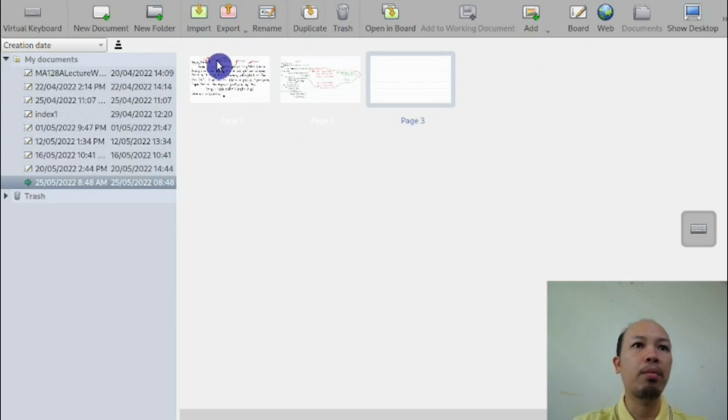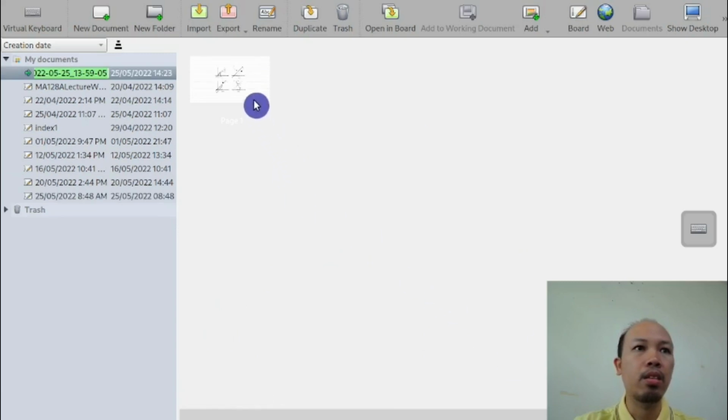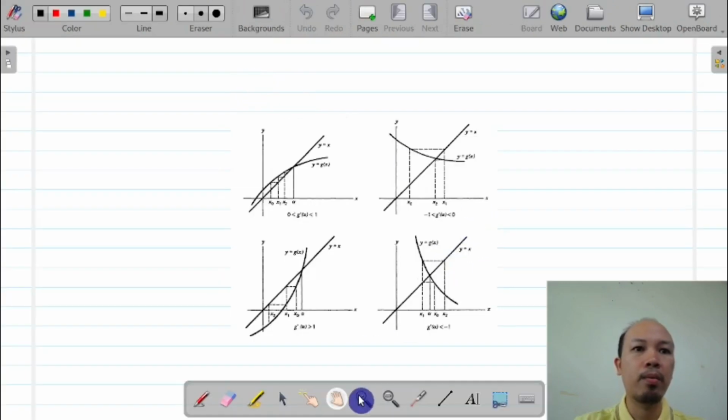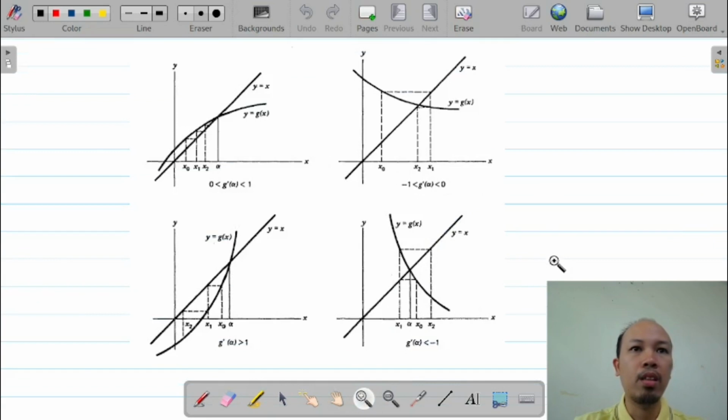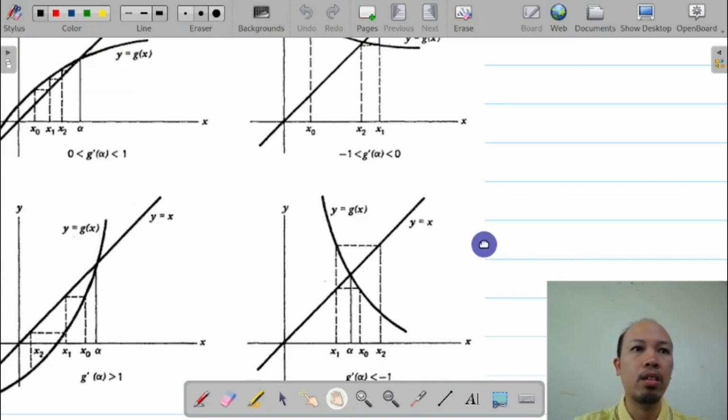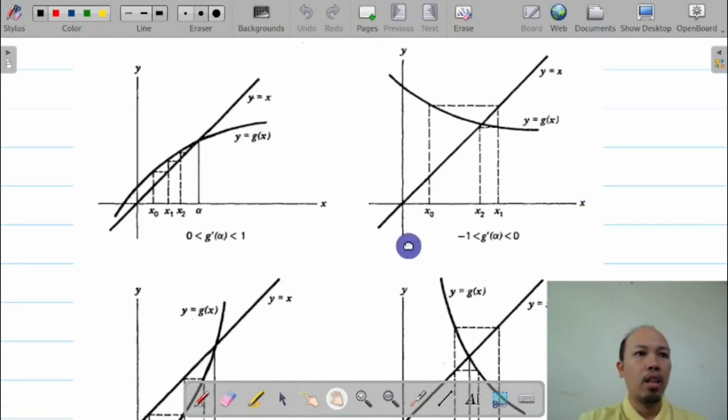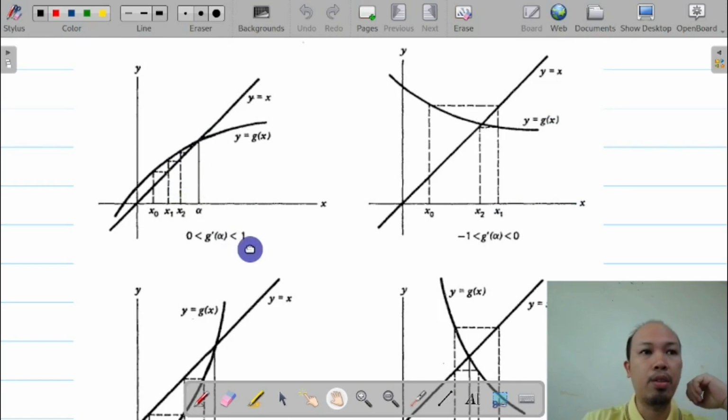Let's import an image, maybe this one, and make it bigger. This is figure 5.